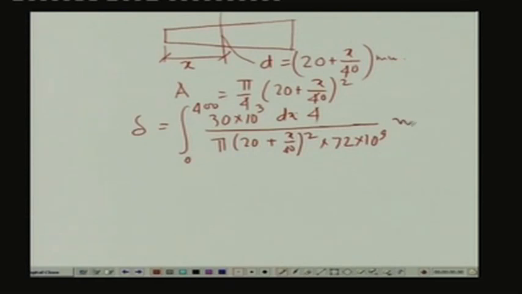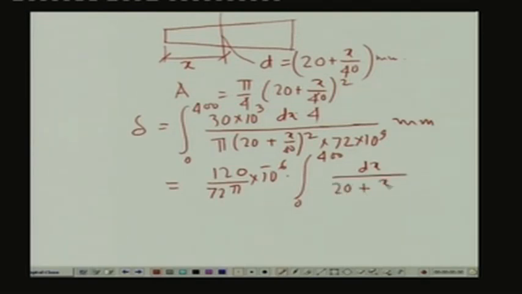And if we compute, this will give rise to 120 divided by 72 pi into 10 to the power minus 6, integral 0 to 400, dx by (20 plus x by 40) squared.